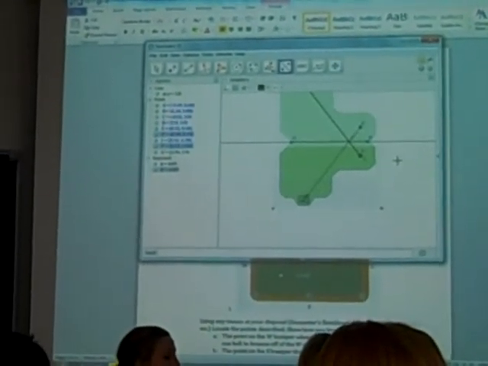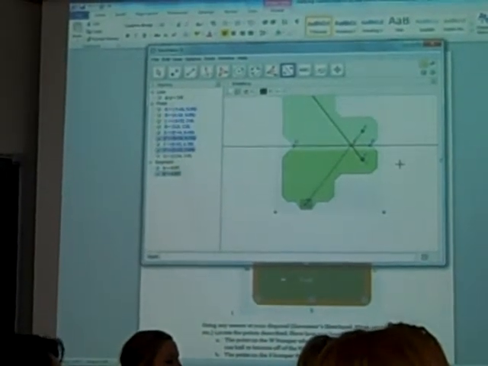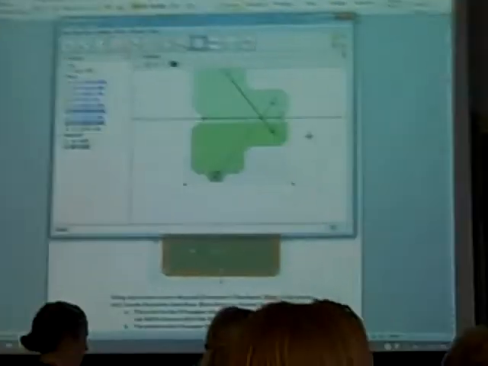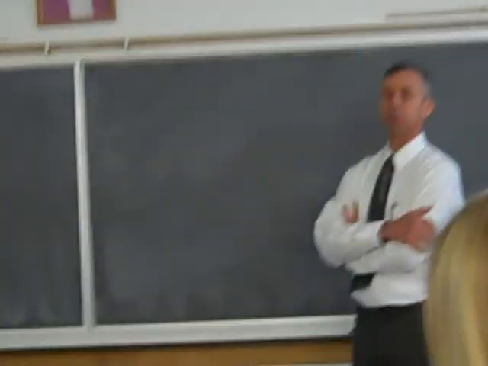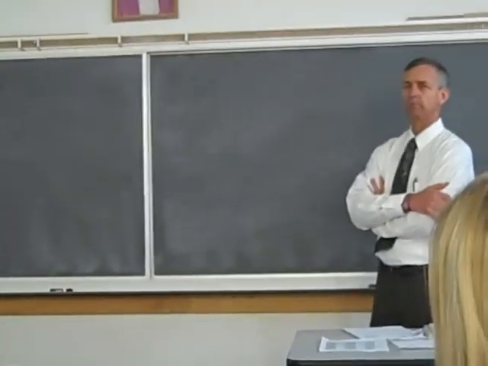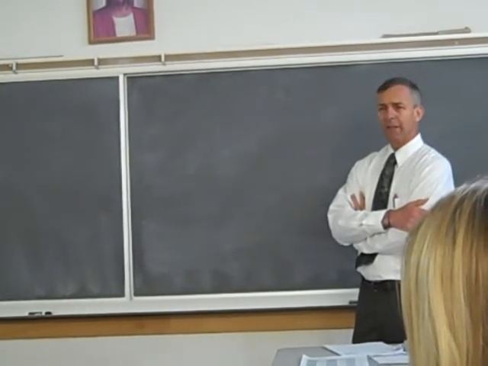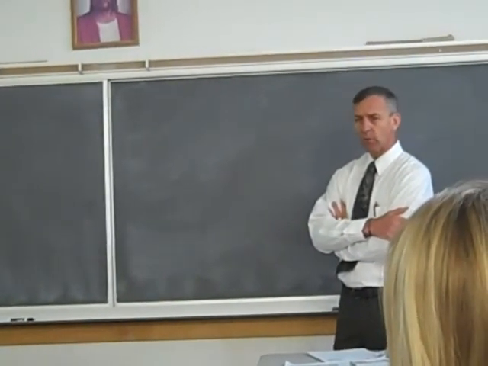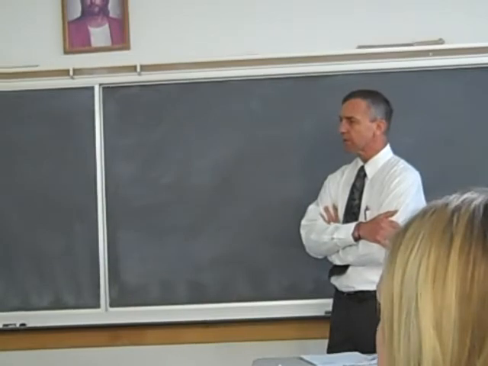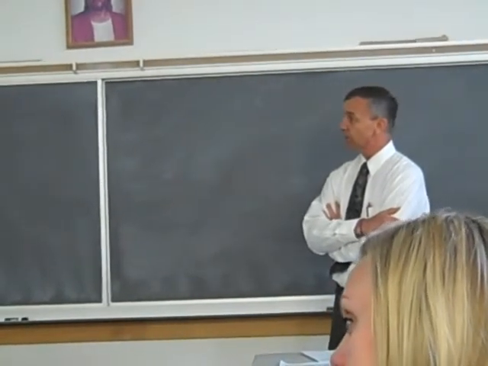Here's one way: playing pool, playing mini golf, finding the shortest path. Does anybody have questions about what we did or why we did it or why it works or the procedure you're going to be using?